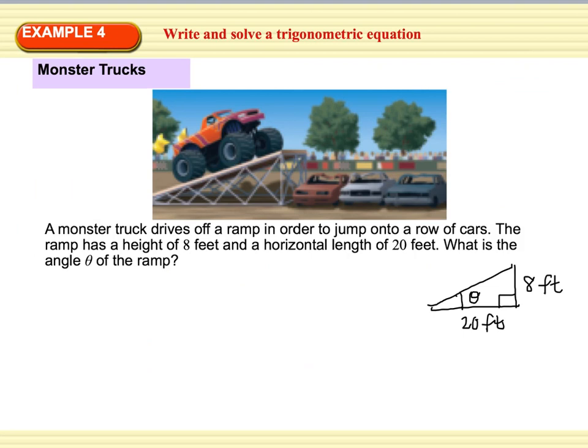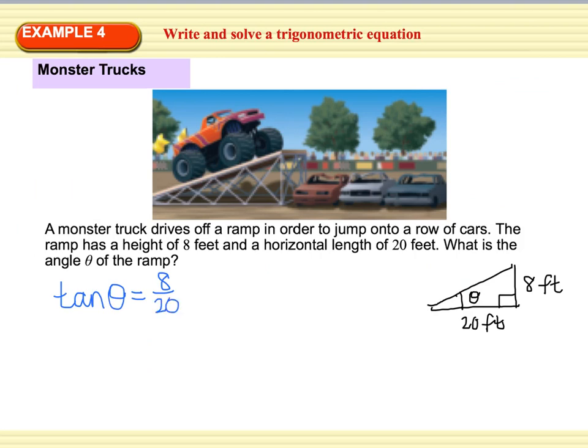So based on the ratios that were given in relationship to their angle here, I'm given an adjacent side and an opposite side. So the trig function that corresponds to an adjacent and opposite is going to be tangent. So tan theta equals opposite of 8 divided by the adjacent, which is 20.